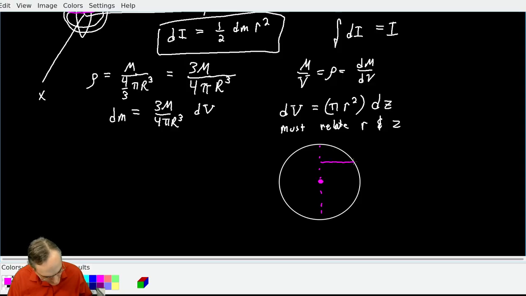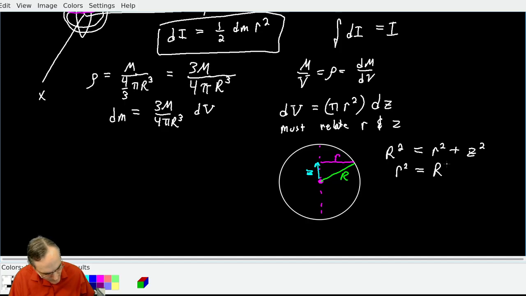We're going to look at some particular height where we have radius r. To get there, we have to go up some distance z, and the distance through the center is R, so we know that big R squared is equal to little r squared plus z squared, which means we can write little r squared in terms of z squared as big R squared, the full radius of the sphere, minus z squared. That's the way I'm going to choose to do it here.